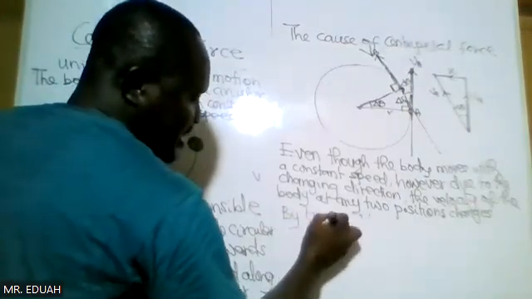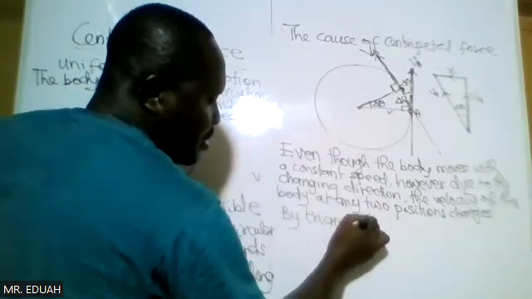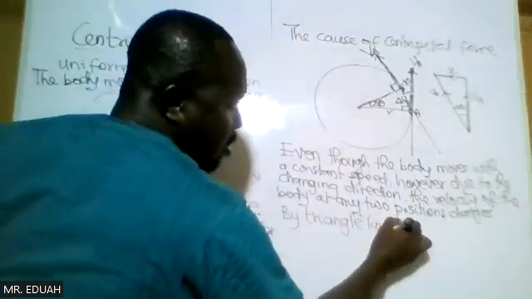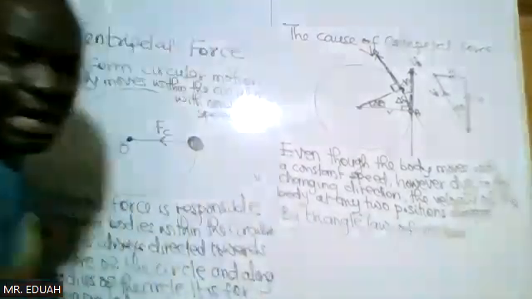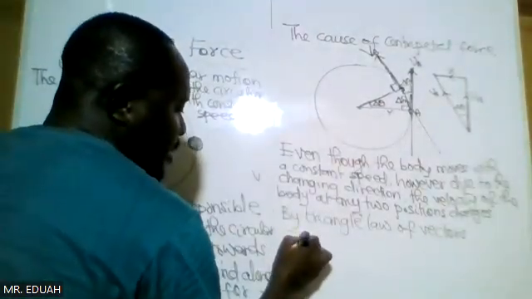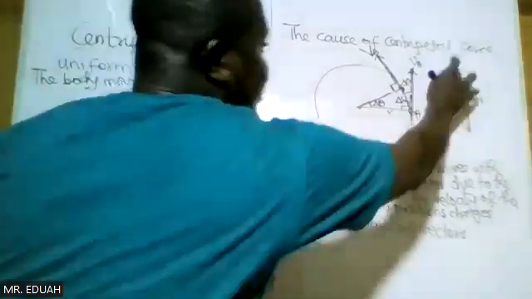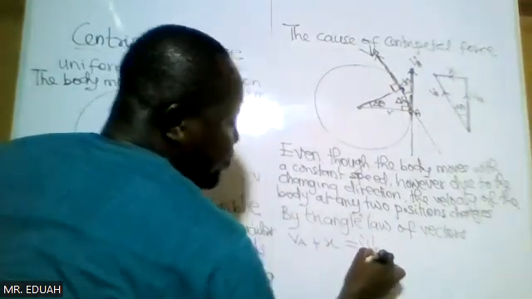By the triangle law of vectors, we can argue that VA plus the unknown vector X must be equal to VB.